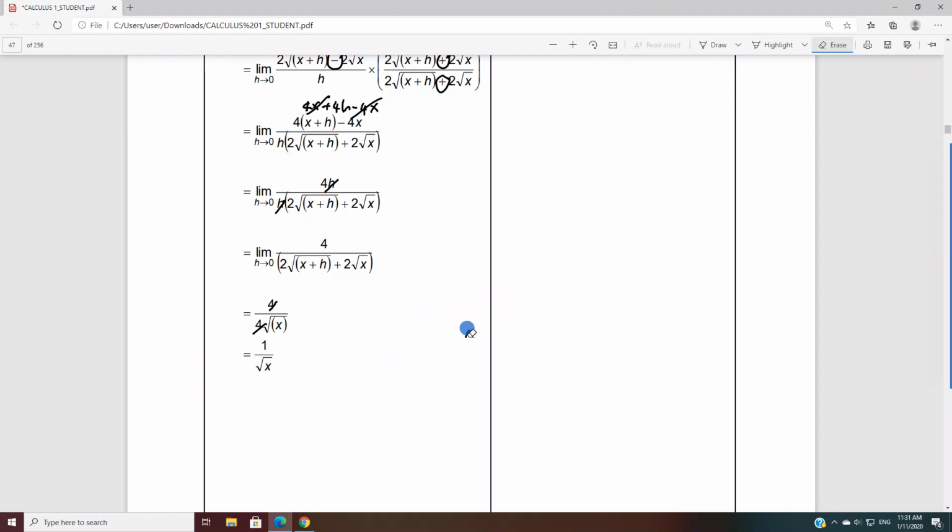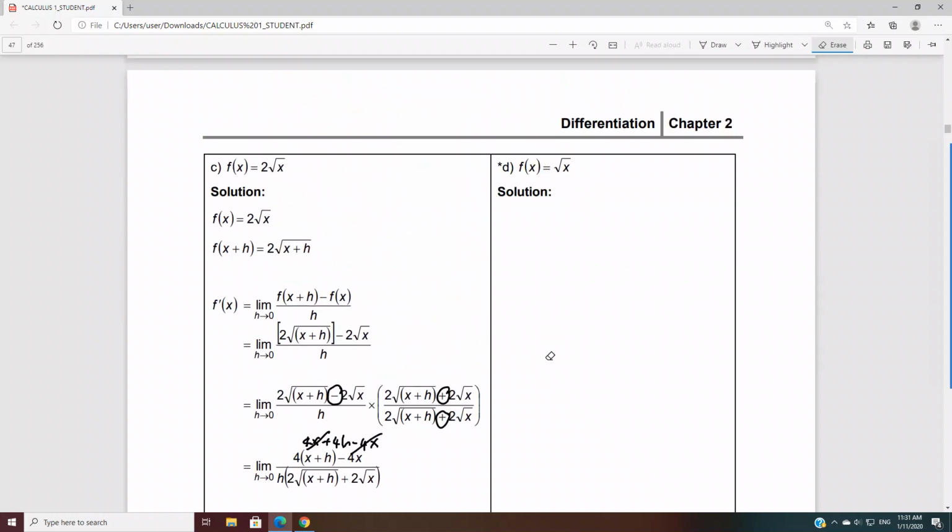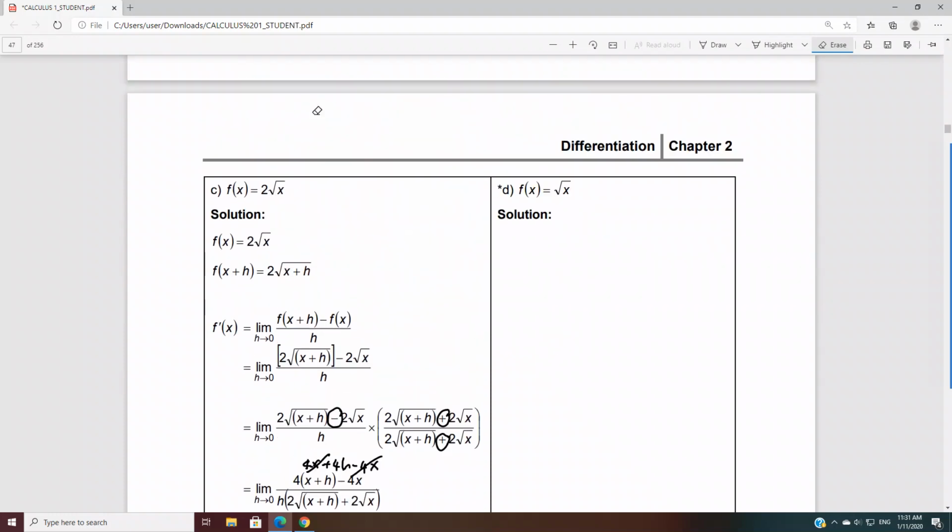Okay, so tengok example, next example D. Okay, we have f(x) equals square root of x. So f(x+h) equals square root of x plus h.